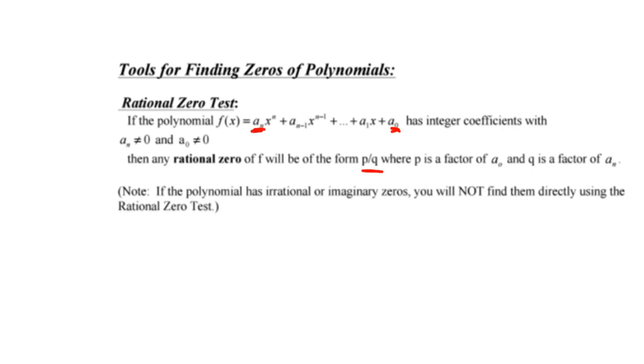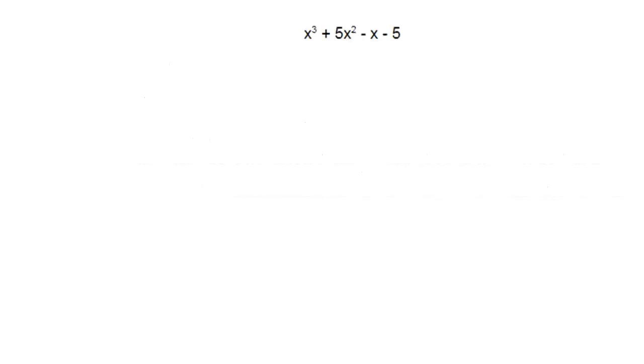Now this is not going to hold true for imaginary zeros. But if we start with an example and work all the way through, it'll give us a clearer message of what we're talking about. We have a polynomial here with a leading degree of 3, which tells us we're going to have 3 solutions.